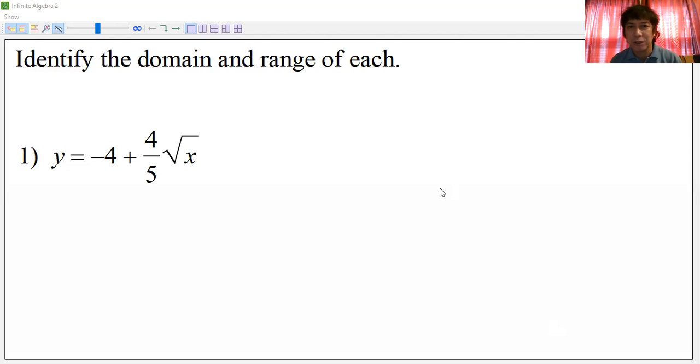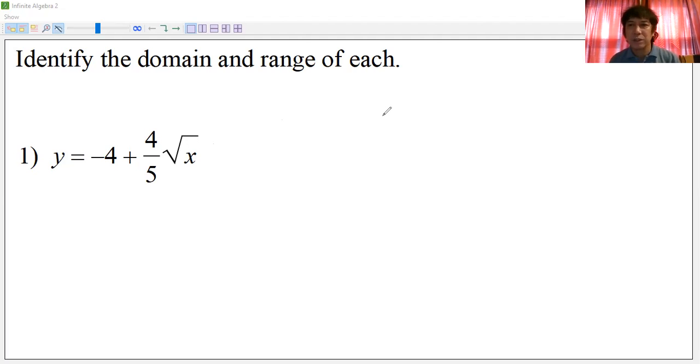The expression inside cannot have negative values, so we have to maintain 0 or higher. That means 0 to all positive values. So to determine the domain, it will have to be 0 or higher.